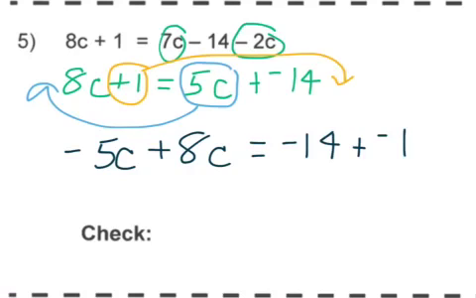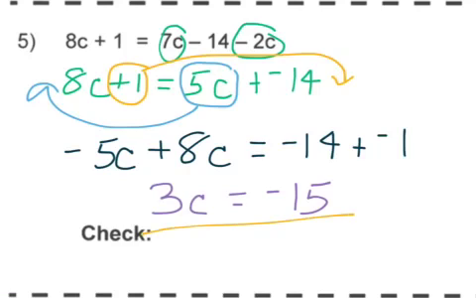Negative 5c combined with a positive 8c gives us a positive 3c. And a negative 14 plus a negative 1 gives us negative 15. Divide everything by 3. And we get c equal negative 5.